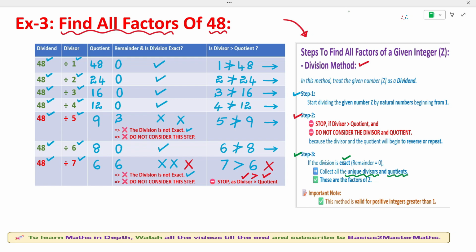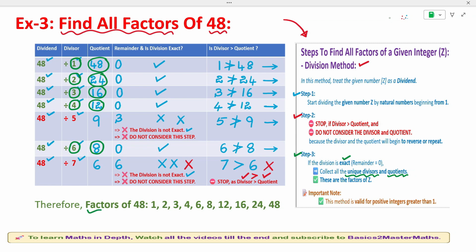In this case, they are 1, 2, 3, 4, 6, 8, 12, 16, 24, and 48.